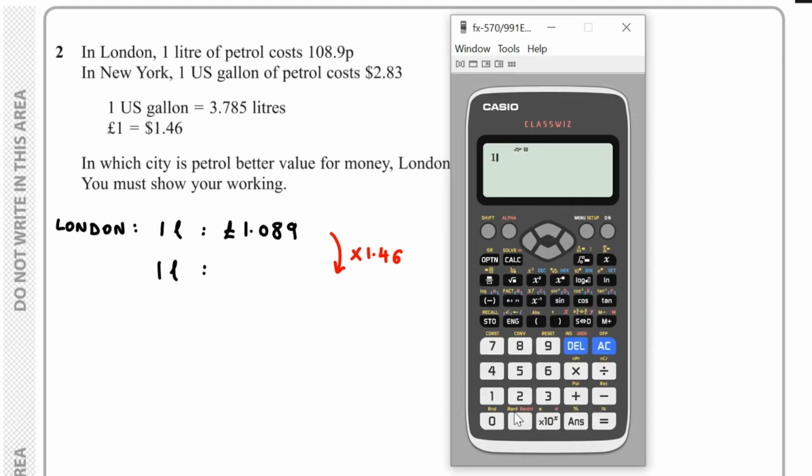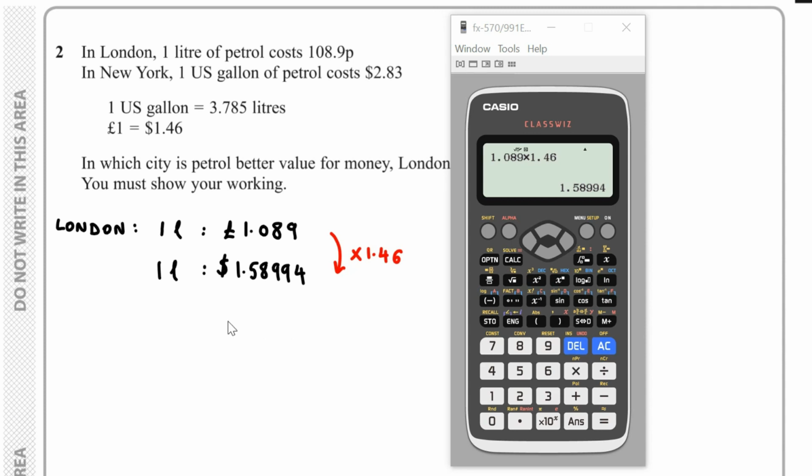So we've got 1.089 times by 1.46. It turns out here, in dollars, the price of petrol in London for 1 litre is 1.58994.